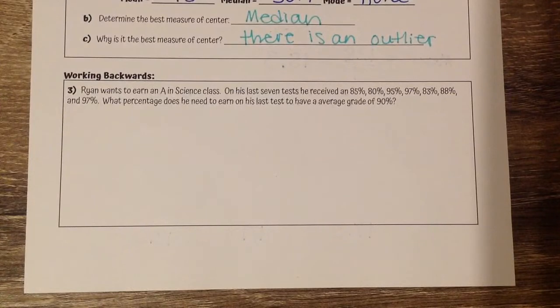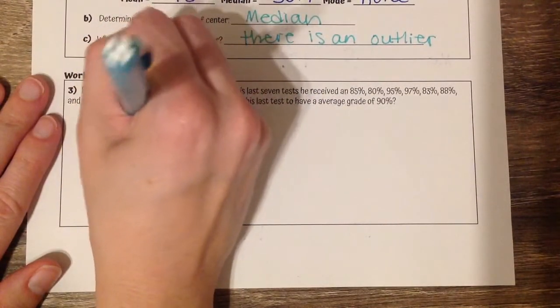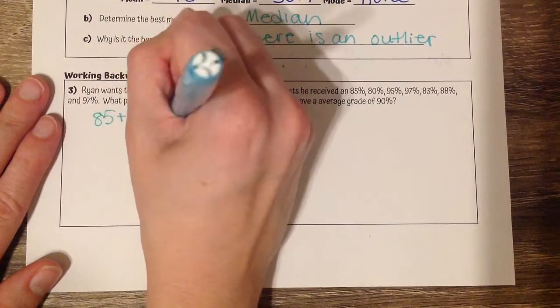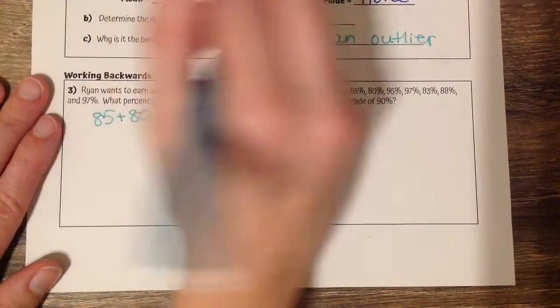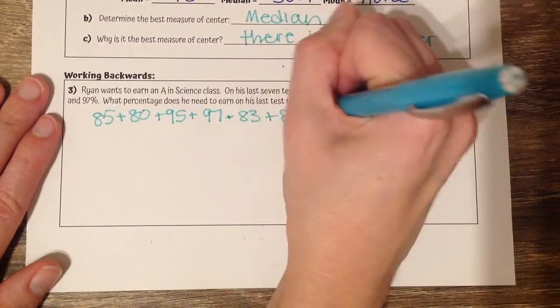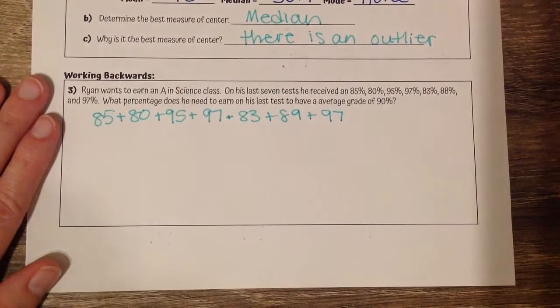So let's just set this up as if we were just calculating it in general. So how do we find the mean? We add these up. So 85 plus 80 plus 95 plus 97 plus 83 plus 89 plus 97. So 1, 2, 3, 4, 5, 6, 7.